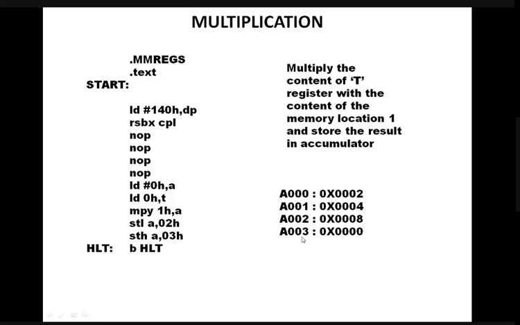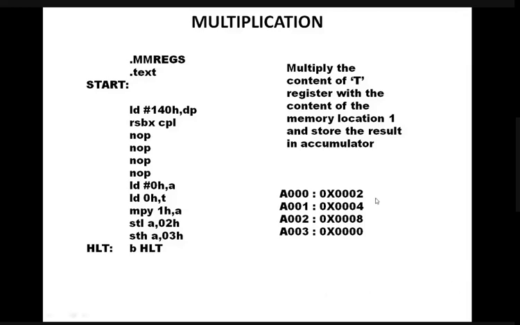In A003, we have the product MSB, which is 0. Because when two 16-bit numbers are multiplied, we get the answer in 32 bits. So the least significant 16 bits are available in A002, and the most significant 16 bits are available in A003.